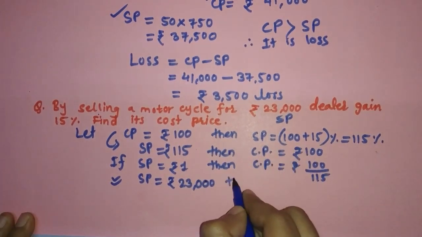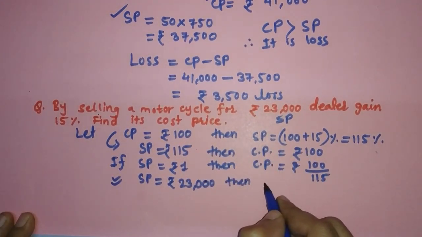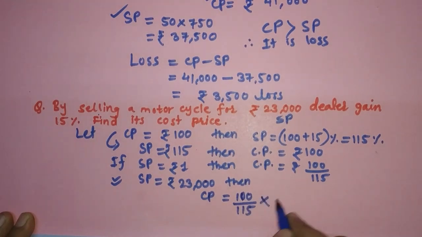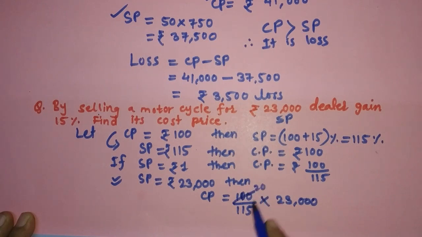Then cost price is going to be 100 upon 115. We need to multiply with 23,000. So we just simplify it. 5 2s are 10 here and 5 23s are.